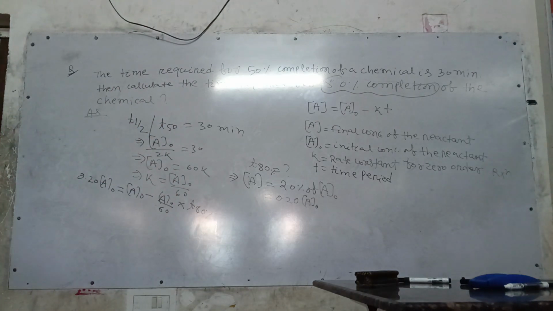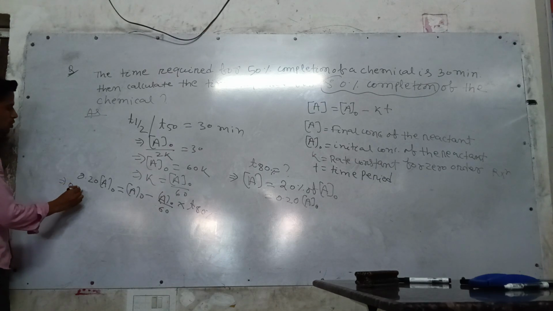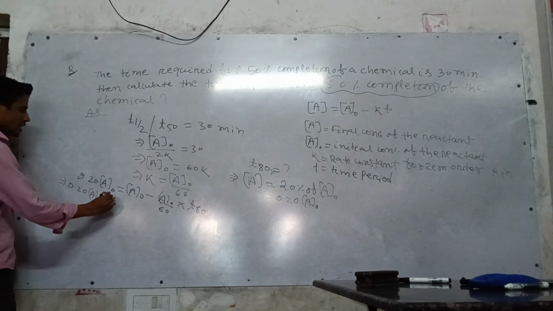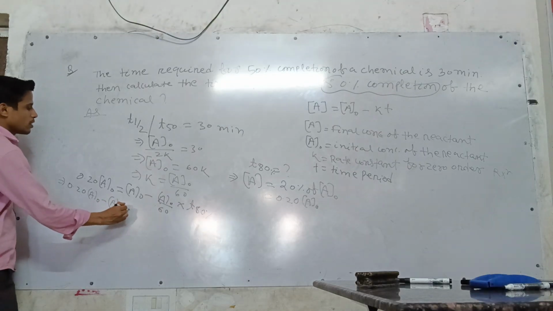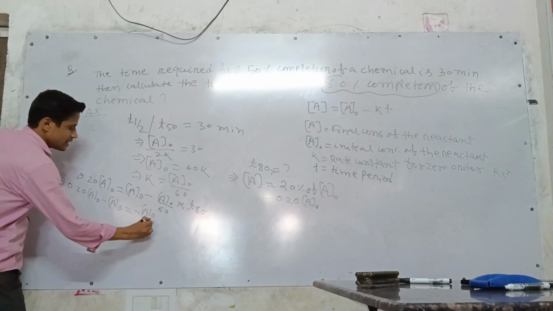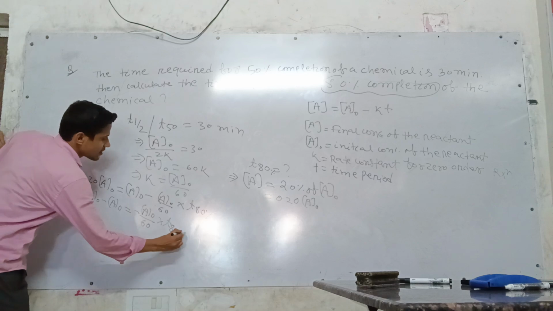We have to find the time required for the 80% completion of the chemical reaction. So 0.20 A0 equals A0 minus A0 by 60 into t 80%.